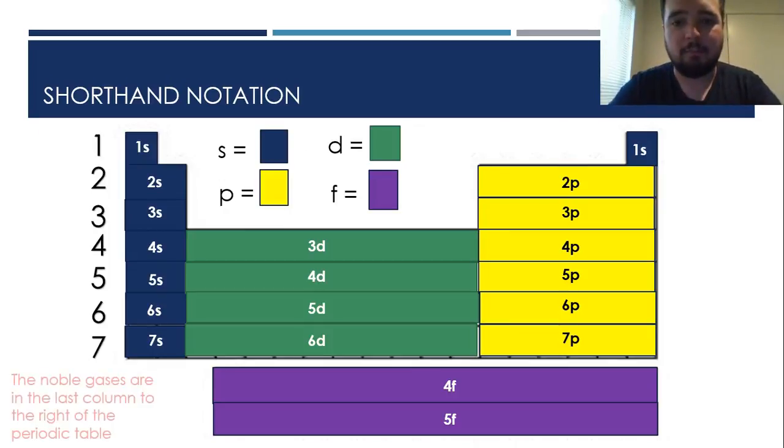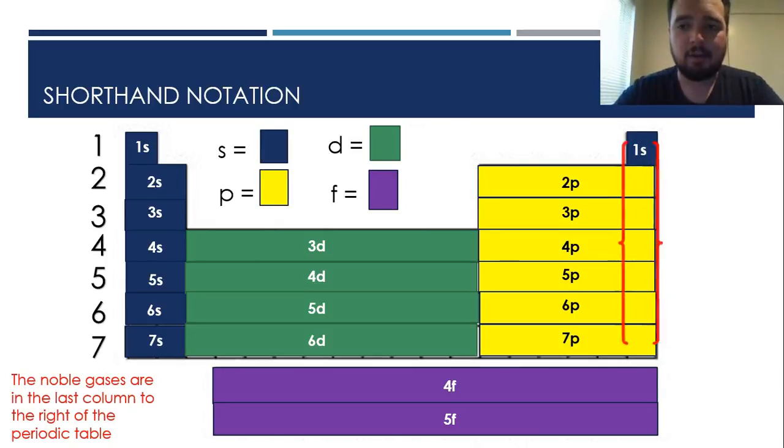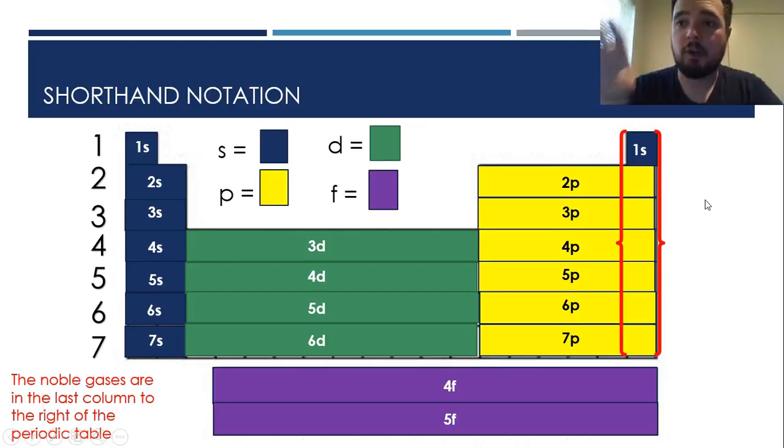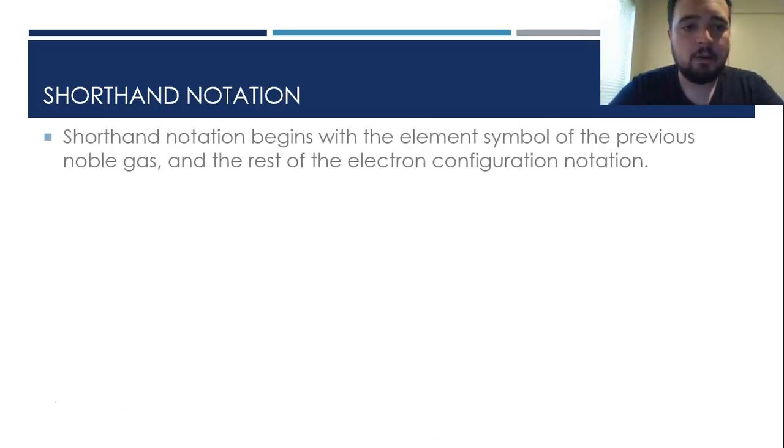I'll demonstrate what that means in a little bit. The noble gases are the last column on the right-hand side of the periodic table. So this is where helium, neon, argon, krypton, xenon, and a couple others down there too are. We utilize these element symbols to insert into the electron configuration to shorten it, so that we're not writing tons of stuff out.